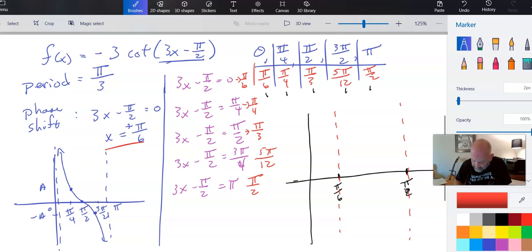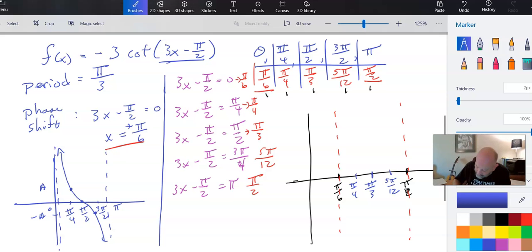You notice what I did, I used my high and my low point to start out with. And that means the halfway point is going to be, let's see here, that's at pi over 3. And then we have pi over 4 and 5 pi over 12. Right, those are my key points.